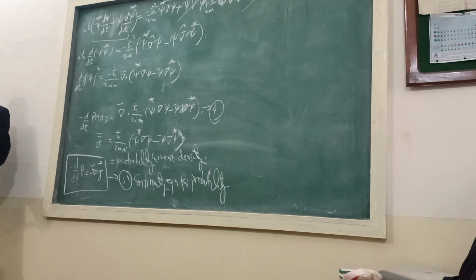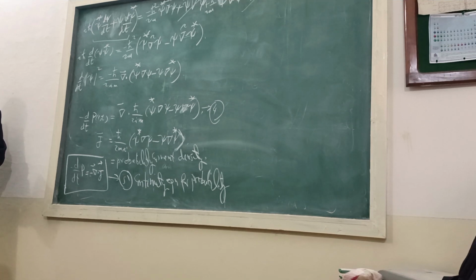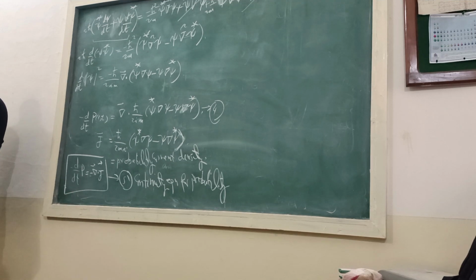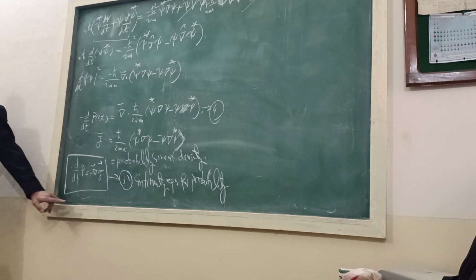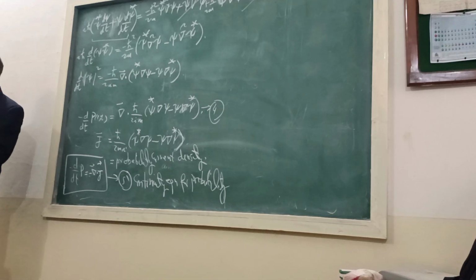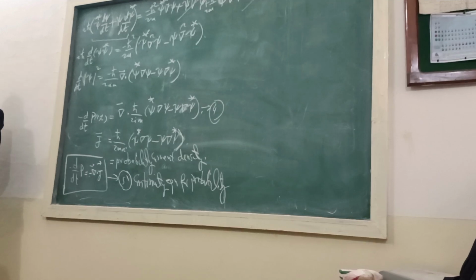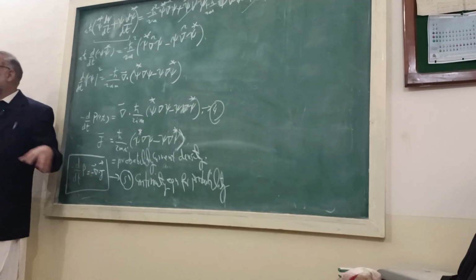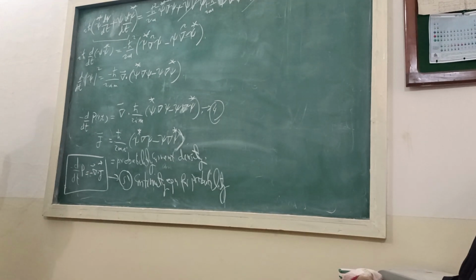So the local probability is not conserved, but the universal probability is conserved. The probability density decreasing somewhere is equal to the divergence of the probability current density. So decreasing somewhere means increasing somewhere else.